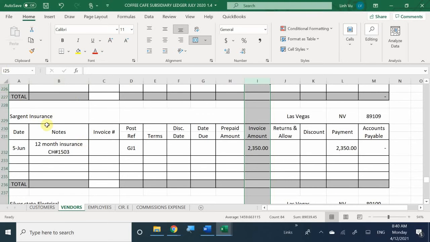How much was my 12-month plan? How much is it per month? $195.83. Good.